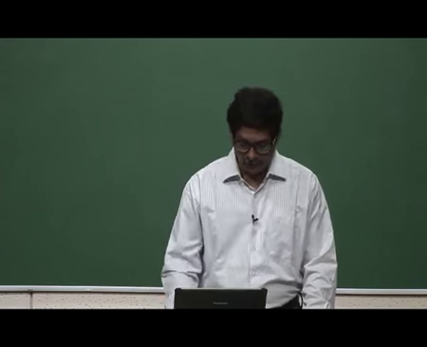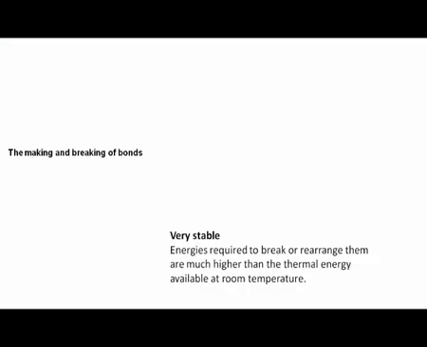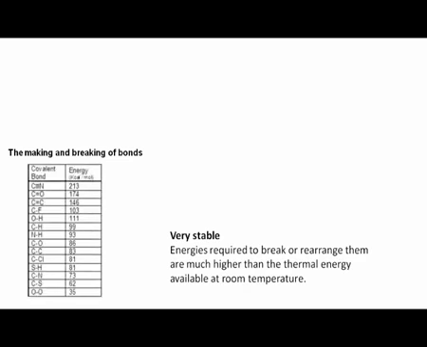However, let us look at the different types of covalent bonds and their bond energies. For example, carbon can bond with nitrogen with 3 covalent bonds, and the energy here is enormous, 213 kilocalories per mole.